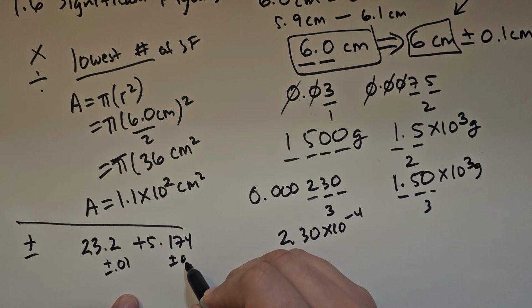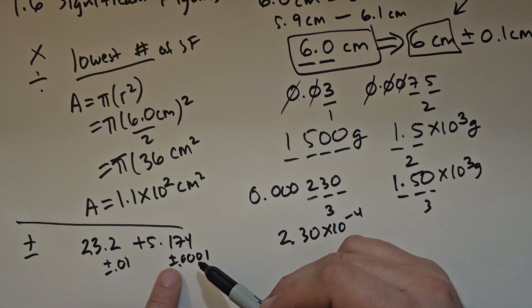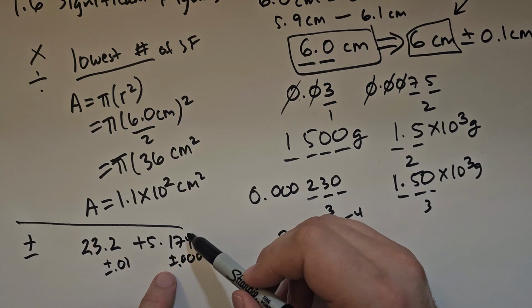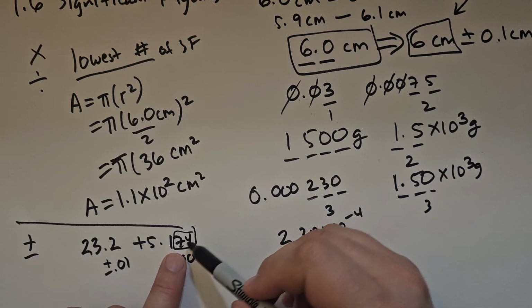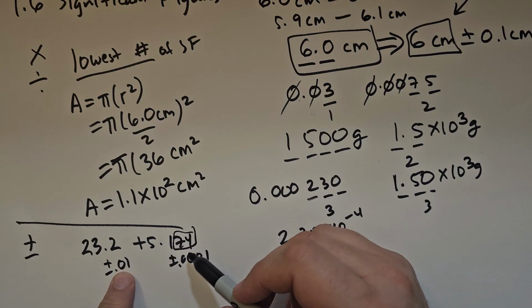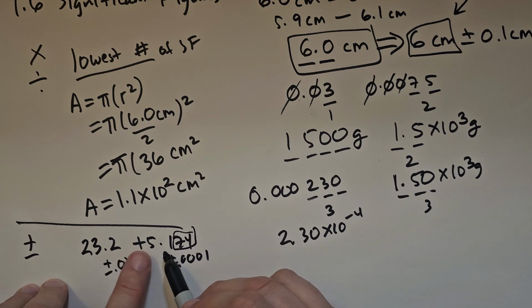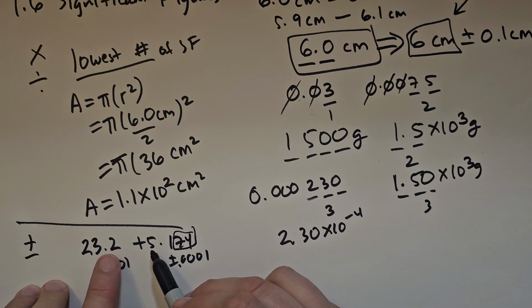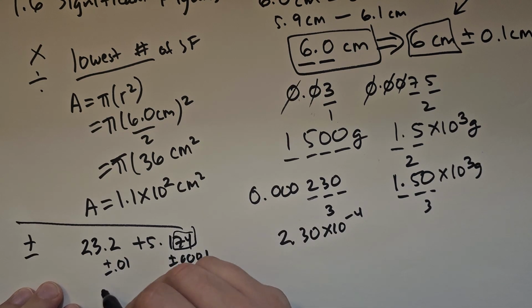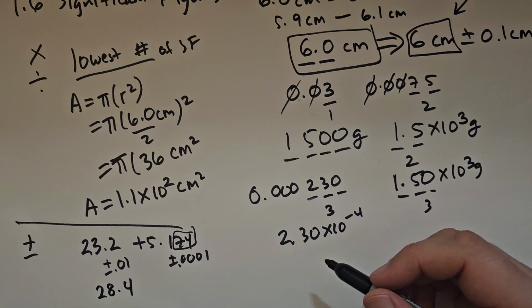This one is plus or minus 0.0001. Now, these digits past here don't matter because they're absorbed in the error of this bigger number, this one that has a greater number of significant figures. So when we add this together, we're going to get 23.2 plus 5.17. So that's going to be 28.37. So 28.4. That's going to be the answer. Okay.